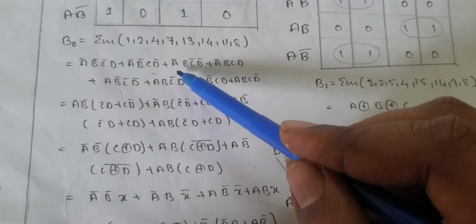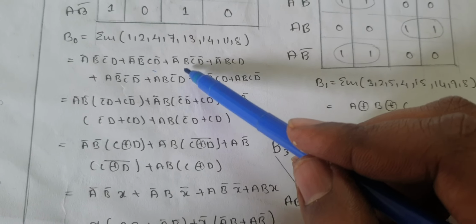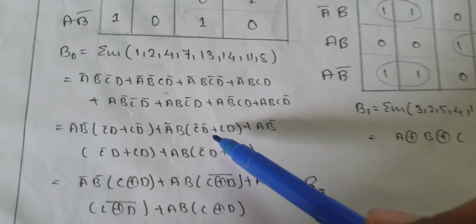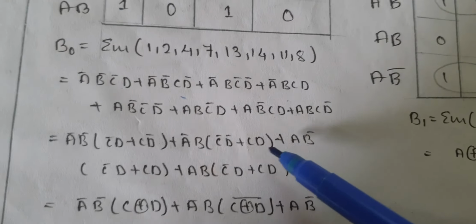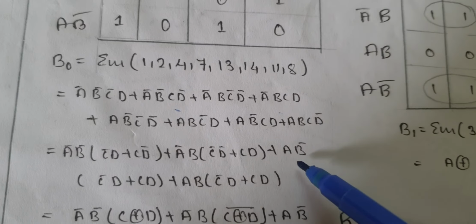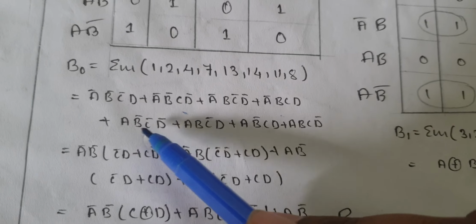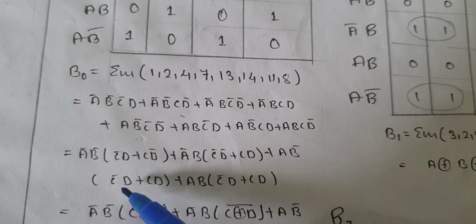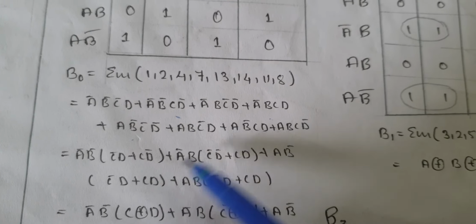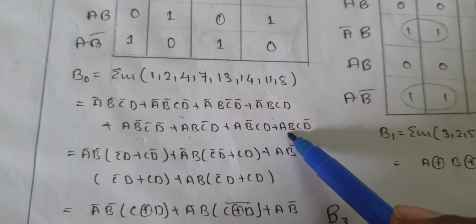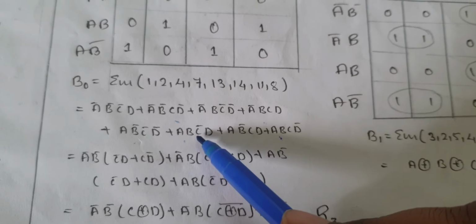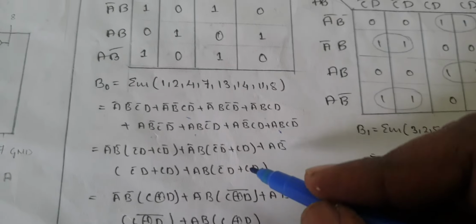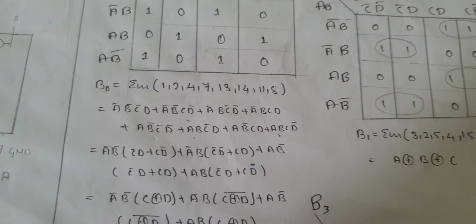Next, I have taken A bar, B as common with these two, so that I get C bar, D bar plus C, D. Next, I have taken A bar, B as common in this and this, so that I have got C bar, D plus C, D. Next, I have taken A, B as common, so that I'll have C bar, D and C, D bar.